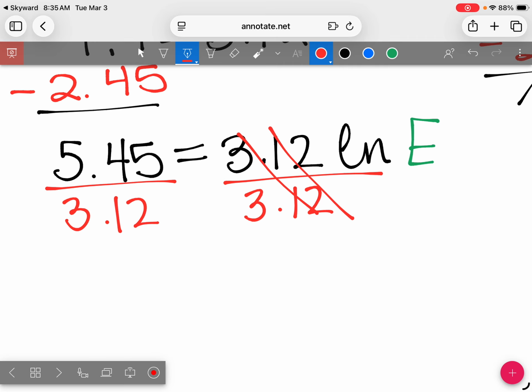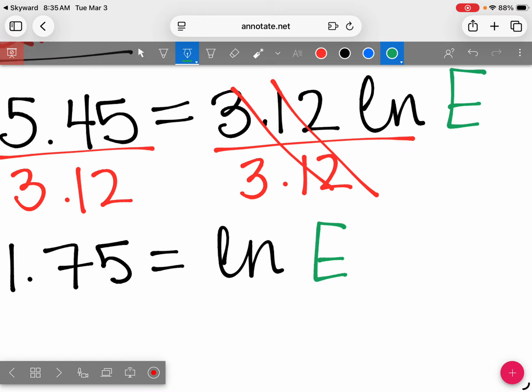So take the 5.45. And you should get approximately, so it says 1.746. I'm going to round that 4 up to a 5. So it's approximately 1.75 equals the natural log of E.